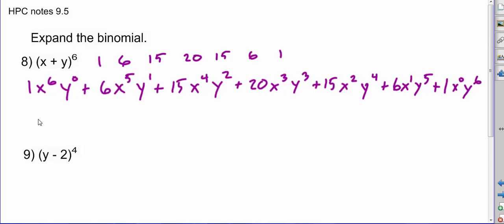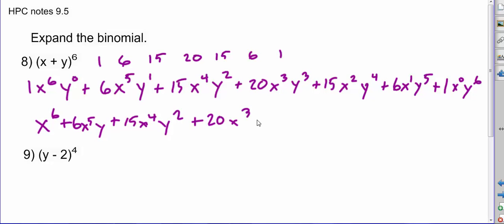Now, the only thing I have left to do is just some simplification. We don't like things like a y to the 0. So I'm just going to rewrite this x to the 6th plus 6x to the 5th y plus 15x to the 4th y squared. There's not a ton of simplification to do on this one. Just a little bit. Get rid of those 0 and 1 exponents.